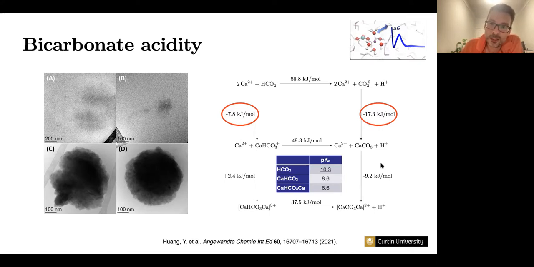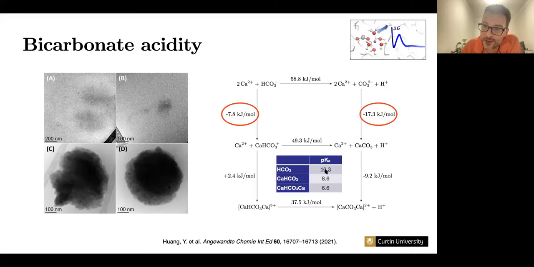And to prove that, we built these thermodynamic cycles where the vertical lines are ion pairing free energies calculated with the process that I described in the previous slide, and the horizontal line is the experimental deprotonation energy for bicarbonate. By building this thermodynamic cycle, we can suggest that the pKa of bicarbonate decreases by about 2 units every time one calcium gets into contact with bicarbonate.